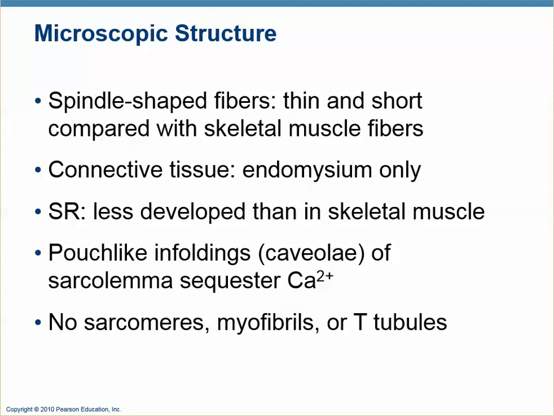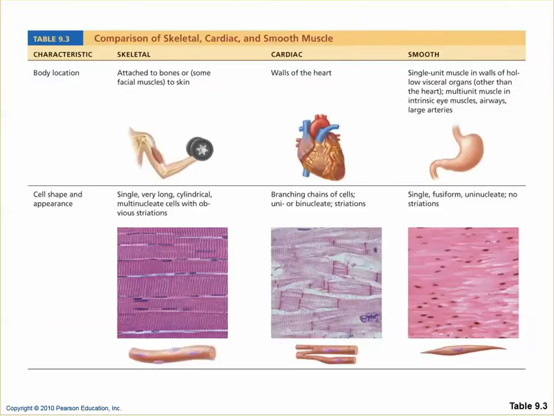So the calcium that's needed for contracting is actually pumped outside of the cell and into these little pouch-like folds, the caveolae, but it becomes extracellular. There's no sarcomeres, there's no myofibrils, there's no T-tubules. The cells are too small for that. They're much more primitive than skeletal muscle cells.